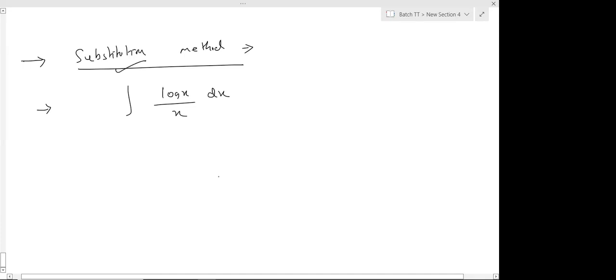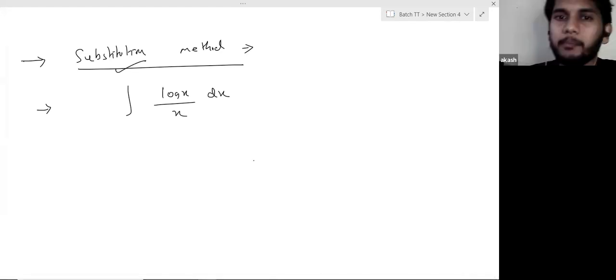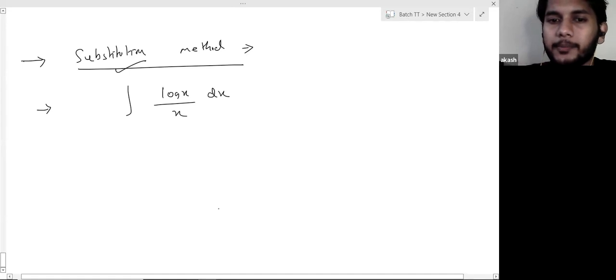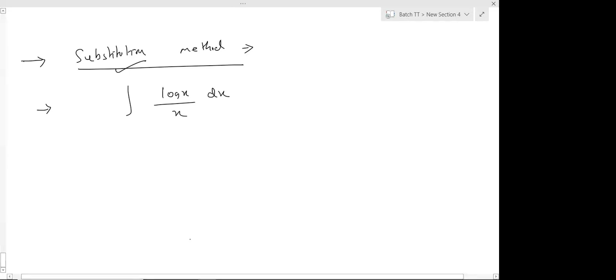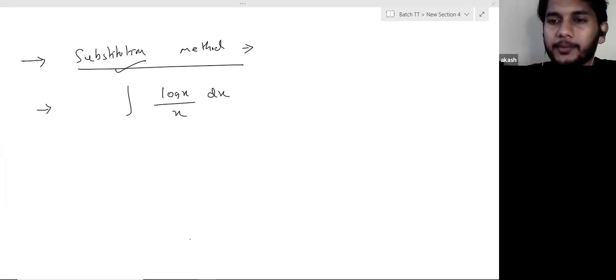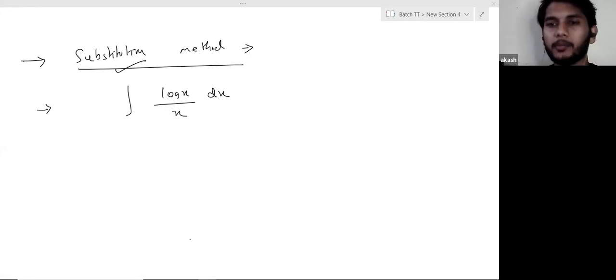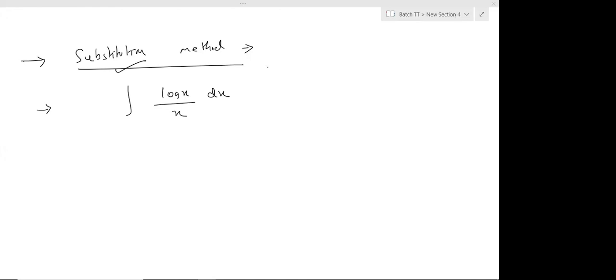So what is the main thing you have to look for in substitution method? Function. The function always multiplies with df, like dx. The differentiation of the function is always multiplied with dx, right?